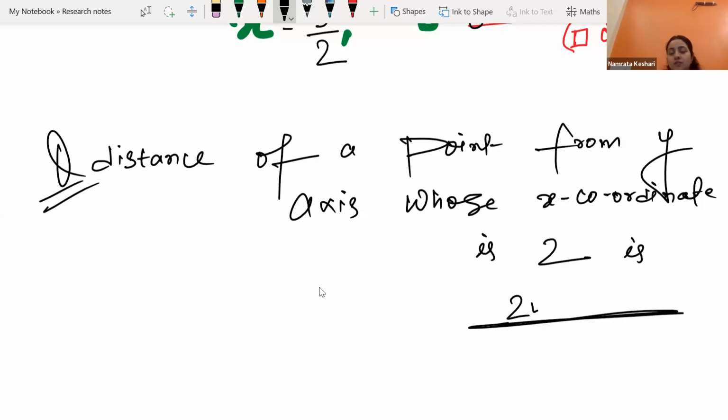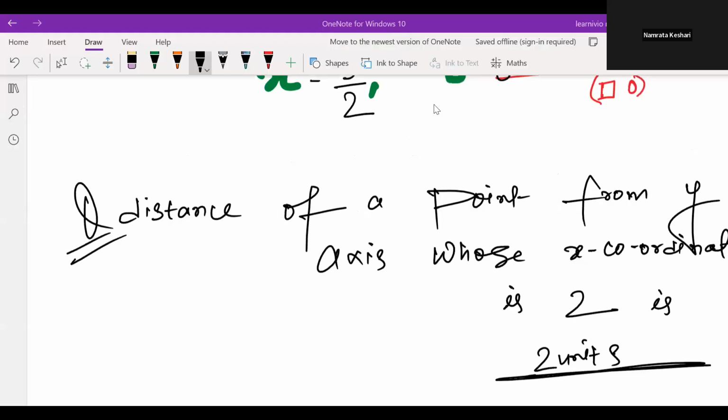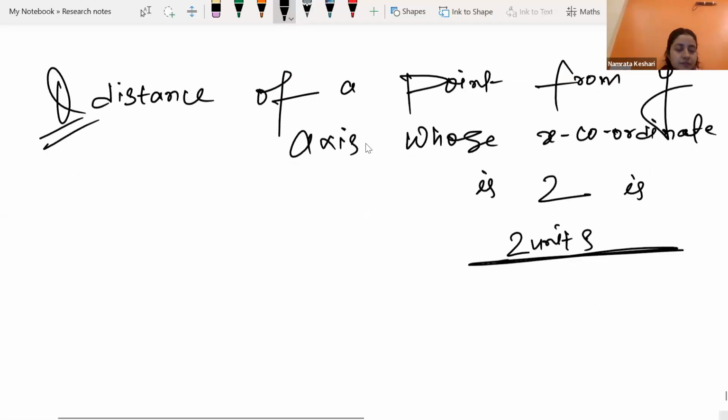Will it be 2 units, everyone? Yes, ma'am. Yes, distance of a point from the y-axis.